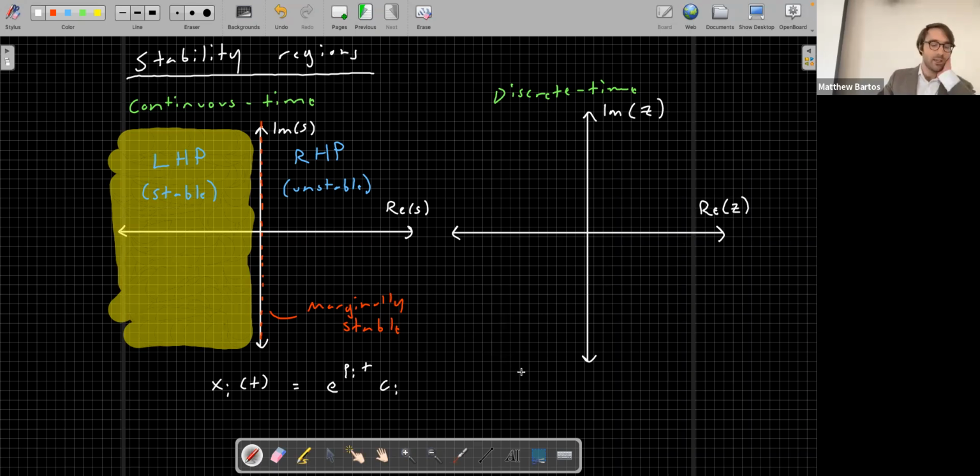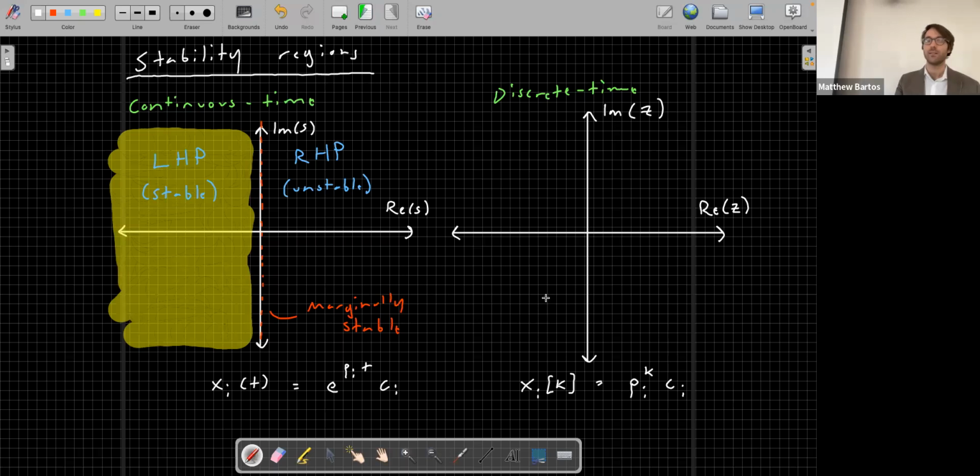And for our system response, we can write that the response for x_i at time index k is equal to p_i to the k times some constant, which I'll just write c_i.